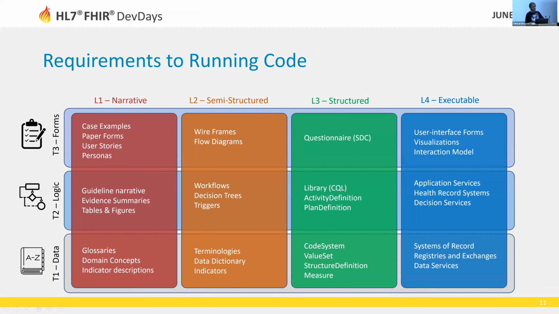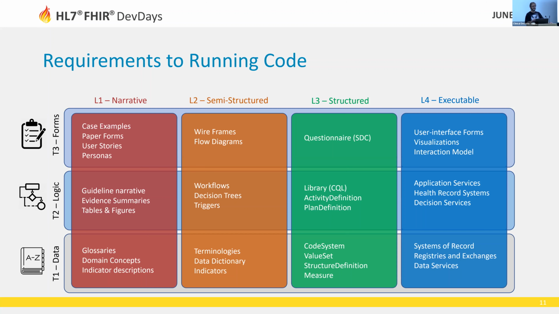Now, if you look across those levels and you put that on the 3 tiers of classic enterprise architecture, with the data tier at the bottom, a forms tier at the top, and an application tier in the middle, then at each of those different levels, there are different kinds of artifacts that you can talk about. Like L1 in forms is a paper form, right? Or a user story.